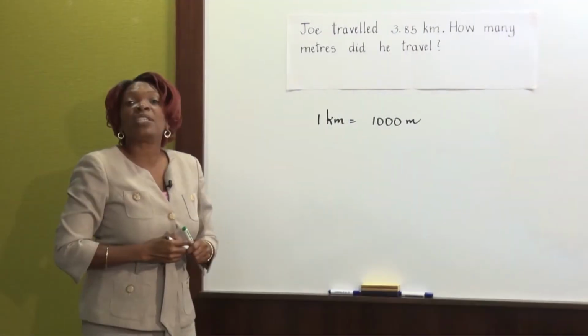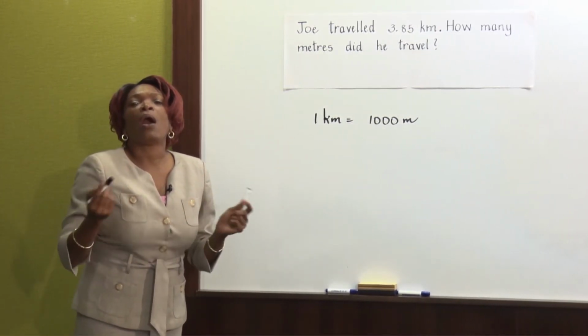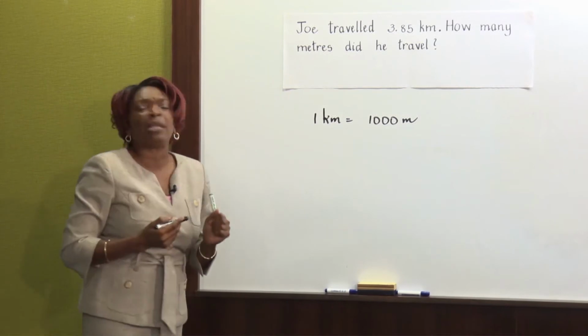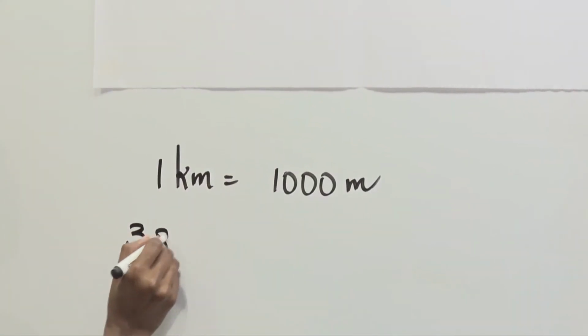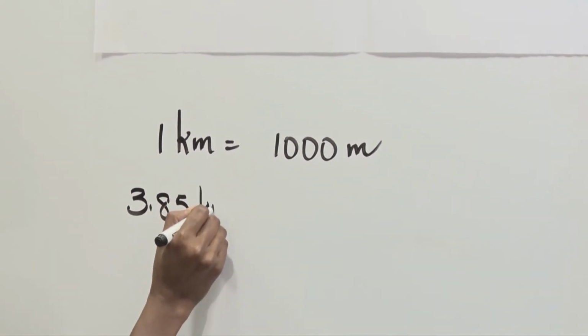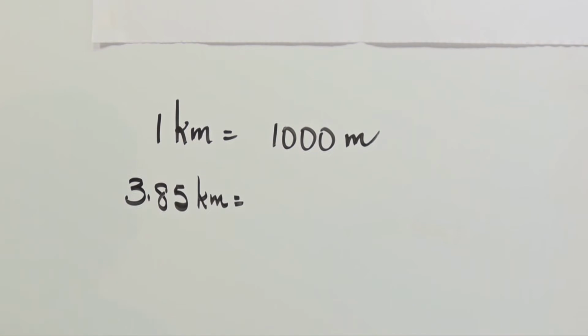Now, we have to determine 3.85 kilometers. How do we know how many meters there are? Let's put it down. Can you remember what we did before? Let's look at the problem.